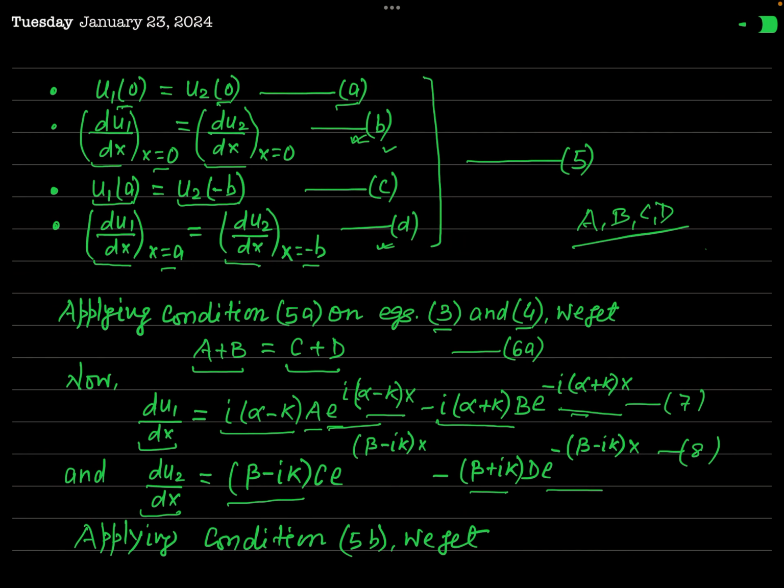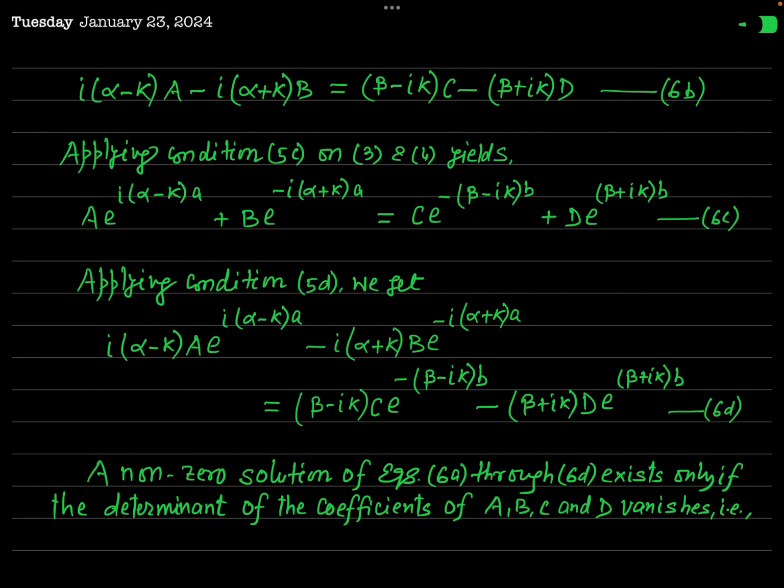And so we can write this condition in this manner: i(α − k)a − i(α + k)b is equal to (β − ik)c − (β + ik)d. So this result has been obtained by applying the second boundary condition.